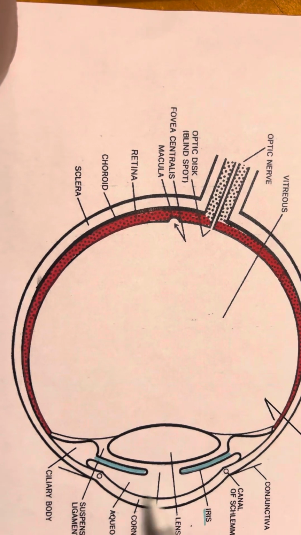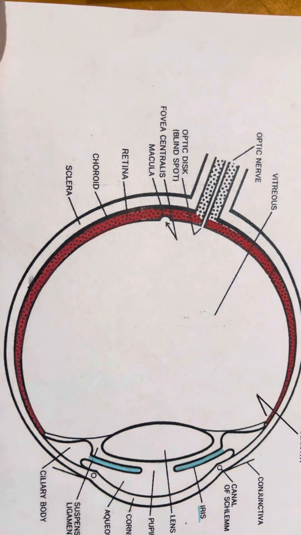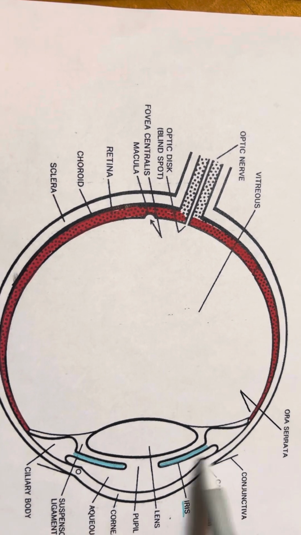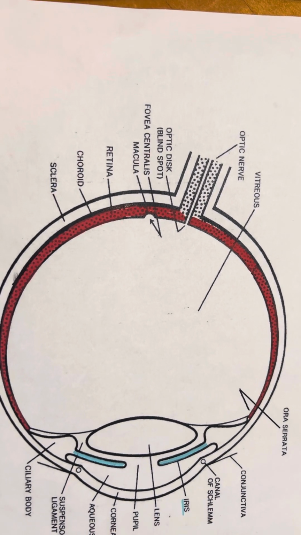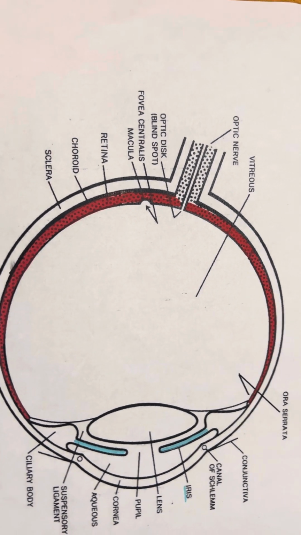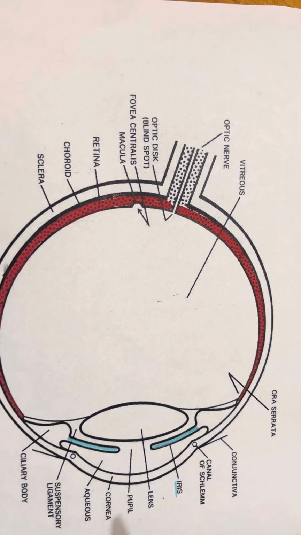When the aqueous humor goes through the canal of Schlemm, it is transported through the rest of our body, and it helps with maintaining our eye pressure. If the canal of Schlemm is not working properly, then we have eye pressure buildup, which can lead to glaucoma.